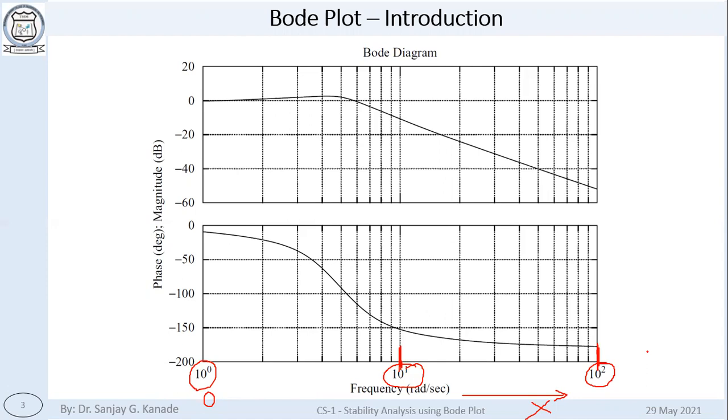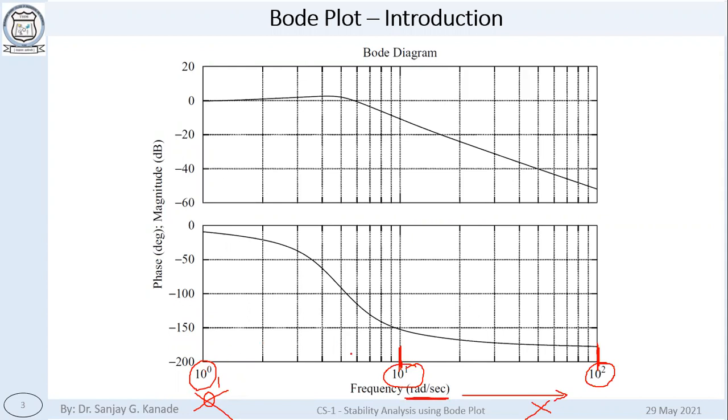What we get is an expanded lower frequency range. This is, let's say, the lower frequency range, right? 1 hertz to, this is not 0. Remember, this is 10 raised to 0 means 1. 1 hertz to 10 hertz, or typically it is not hertz, actually it is radians per second.